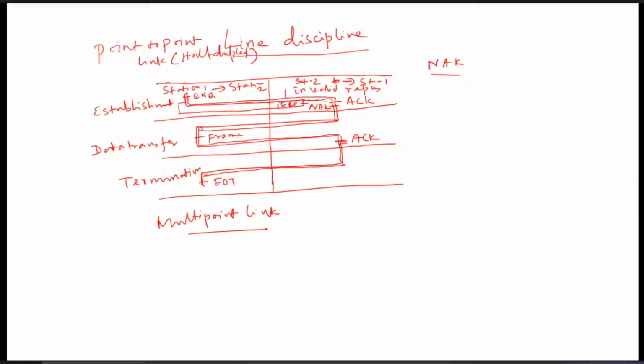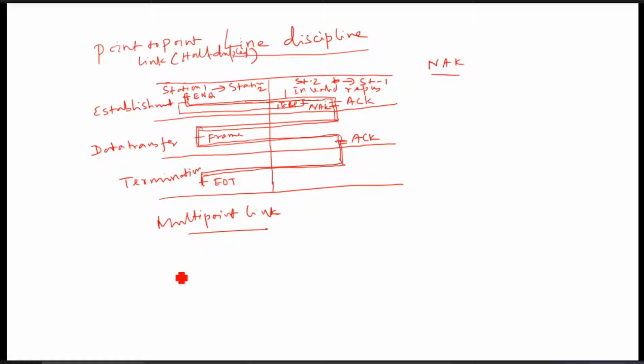Here you see the primary will send the data to the secondary, but the data are exchanged between a primary and a secondary, not between two secondaries. In the case of multi-point links, first the primary should be identified, and data will be transferred from the primary to a secondary, but not between two secondaries. Right.